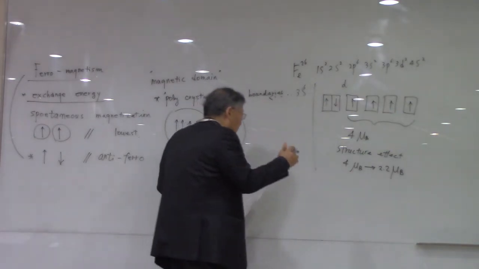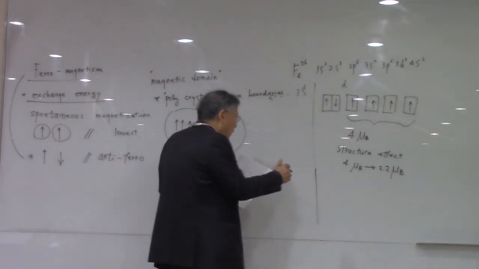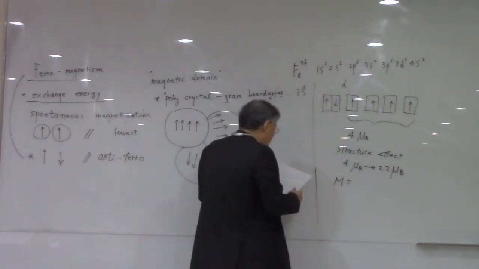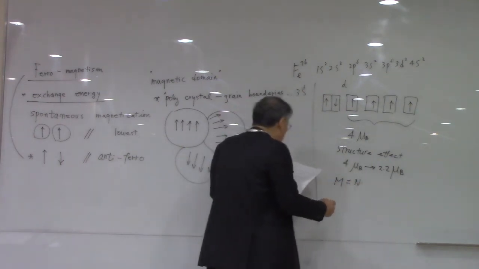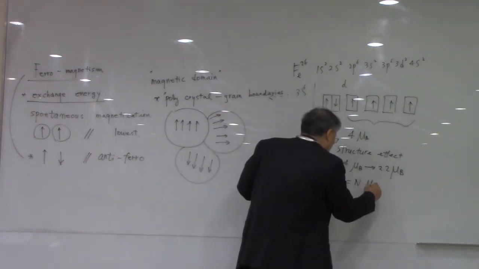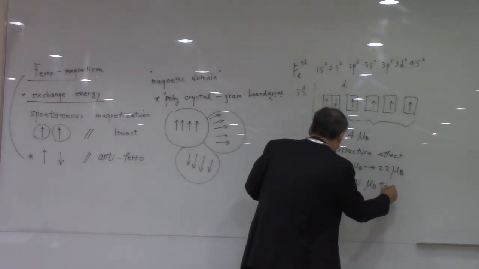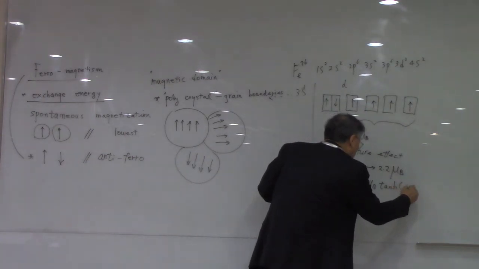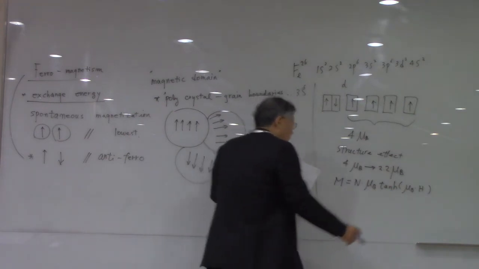So we should remember there exists the Curie temperature, and in this case, the magnetic moment depends on the number of unpaired electrons, and a hyperbolic tangent of things over kT.